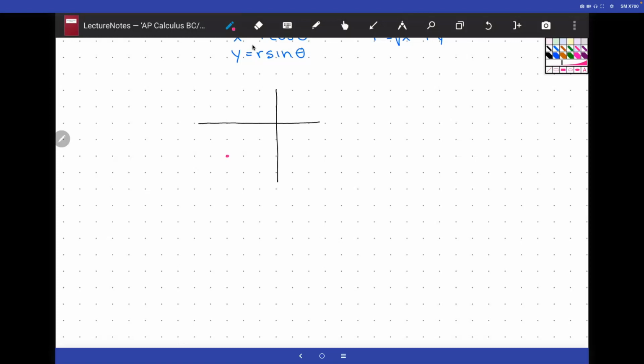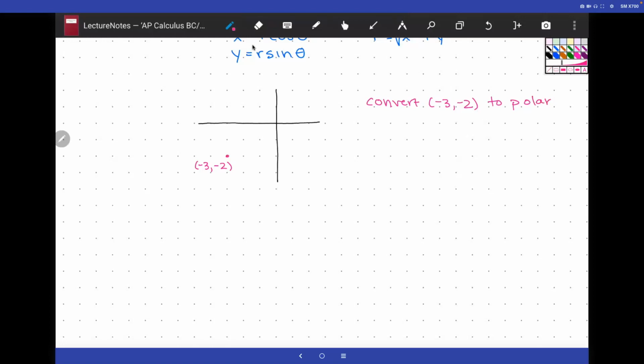What if I wanted to find the coordinates here? We know in rectangular, it's negative 3, negative 2. I want to convert that. Convert negative 3, negative 2 to polar. So we have to find r and theta.